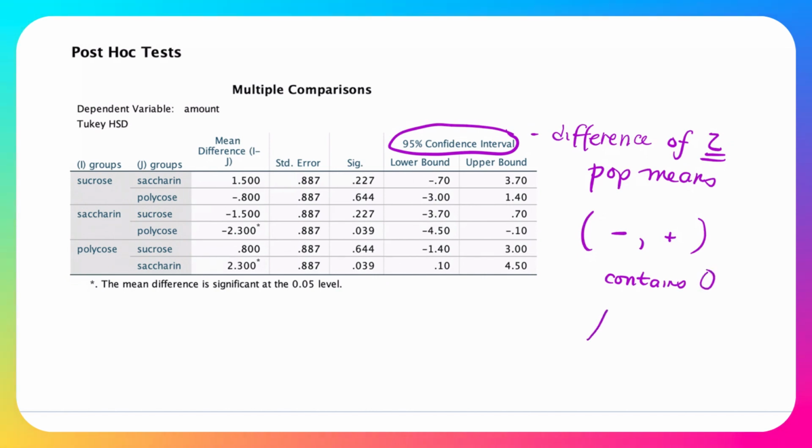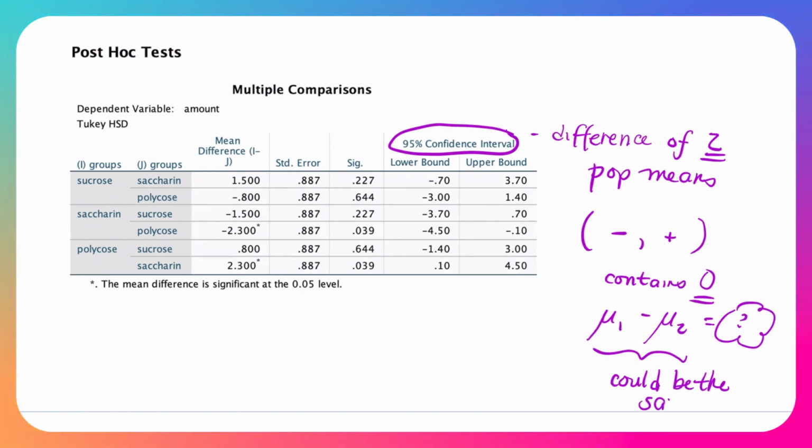And this is for if you take one mean minus a second mean, what are your possible answers? If 0 is a possible answer, that means that these 2 numbers could be the same. In other words, there's no difference in the groups. So whenever you see a confidence interval that has a negative number and a positive number, it contains 0. There's no difference in the groups.